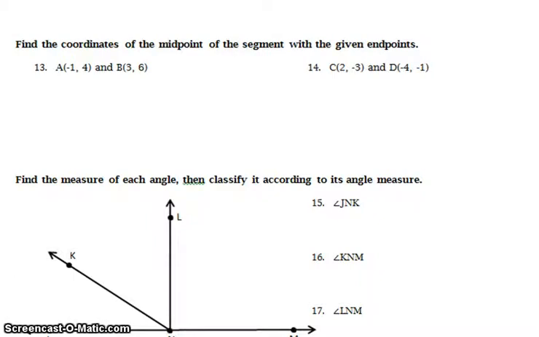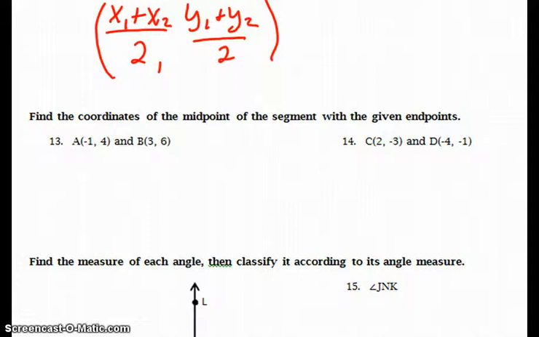The first thing I'm going to do is write out the midpoint formula. Okay, so I've written in the midpoint formula. Remember, the midpoint literally means the point that is in the middle of a segment. So you have a segment that has the endpoints A and B for number 13. So essentially you have a segment like this that's on a coordinate plane somewhere.